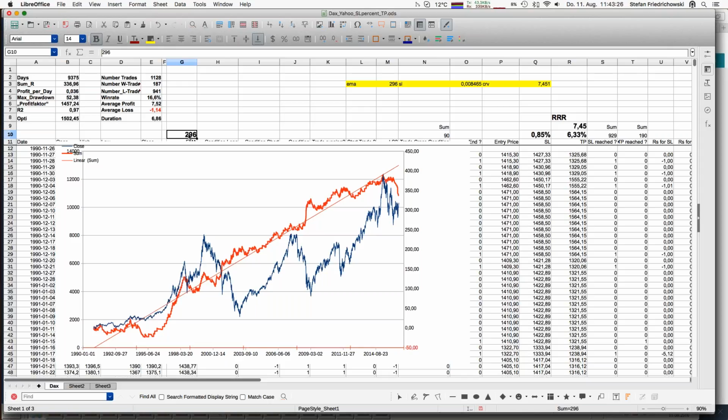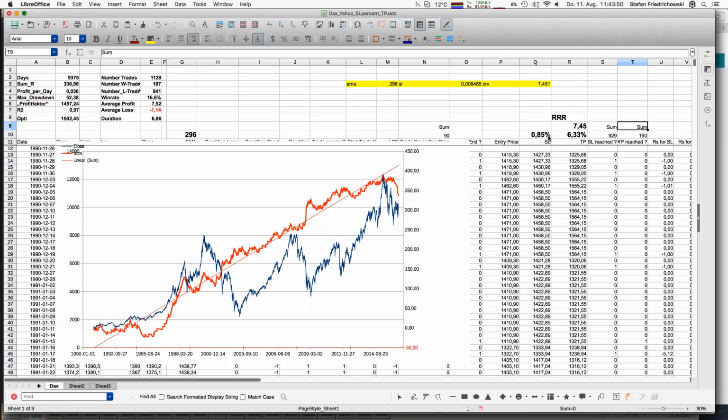So the final result for a Dax strategy based on an EMA: the EMA value is 296, stop loss in percent is 0.85, and risk reward ratio is 7.4, or you can have 1 digit more if you want.